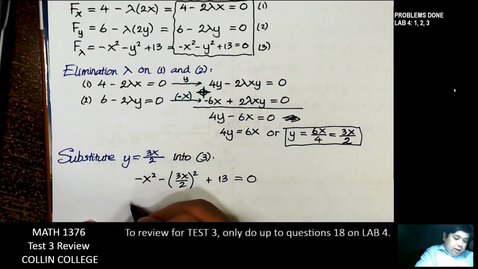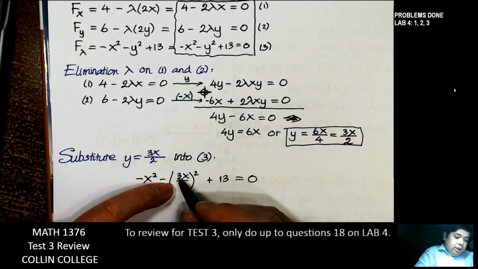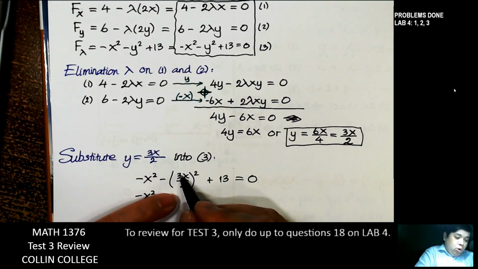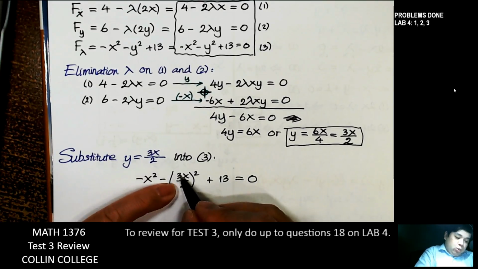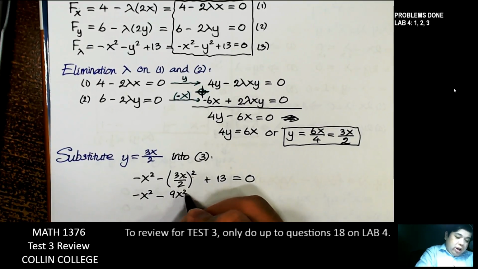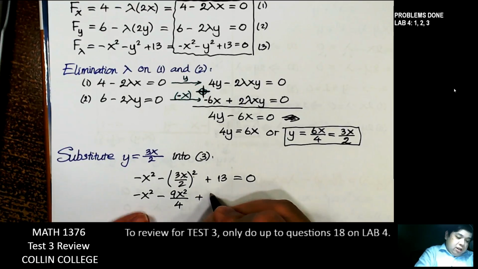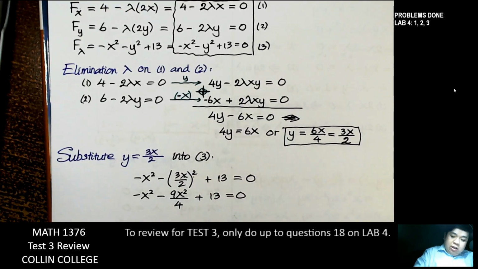Now, negative x squared, this one is squared, so the square will go to every term. 3 squared, x squared, and 2 squared give us 9x squared over 4 plus 13 equal to 0.